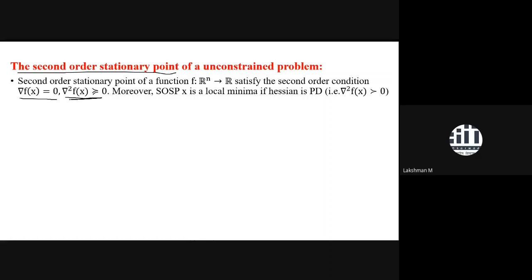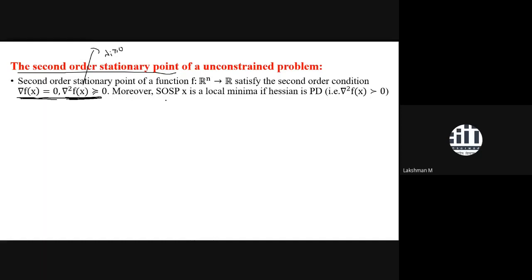Remember that in order to define a second order stationary point, SOSP, you have to satisfy these two conditions: the gradient must vanish at the second order point, and the Hessian must be positive semi-definite. One characterization is that every eigenvalue is greater than or equal to 0.